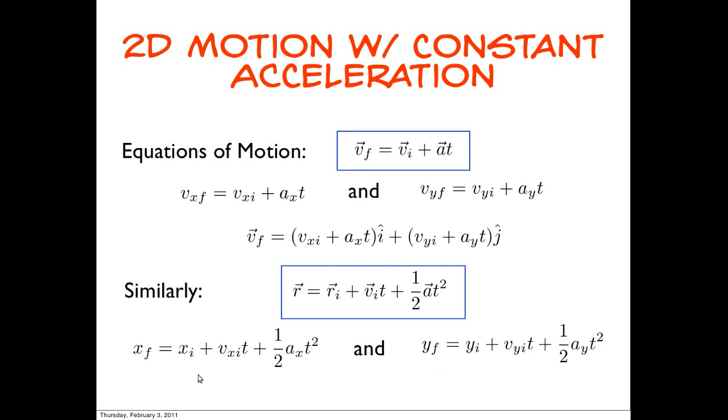So x final equals x initial plus v initial in the x direction times t plus 1/2 a, the acceleration in the x direction, times time squared, and into its y component. So y final is equal to its y initial position plus the velocity initially in the y direction times time plus 1/2 the acceleration in the y direction times t squared.